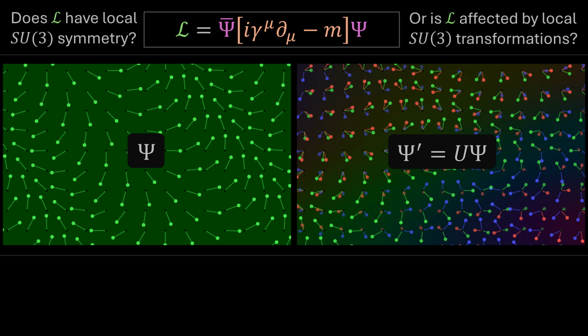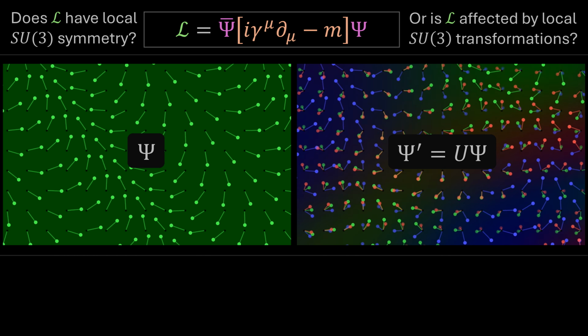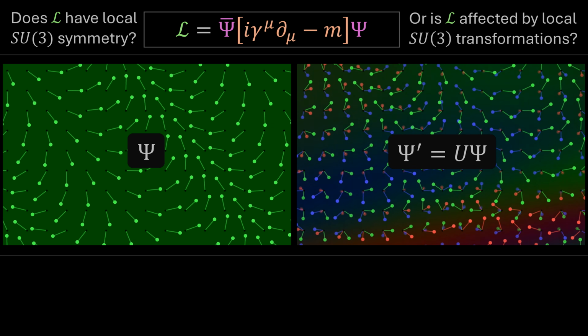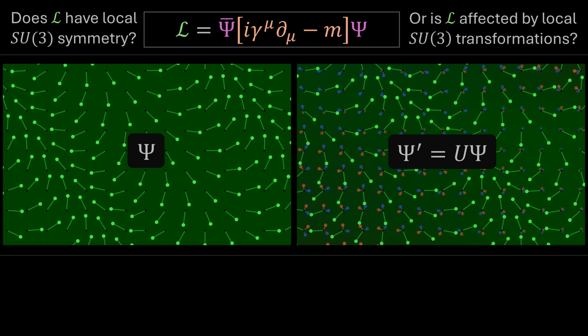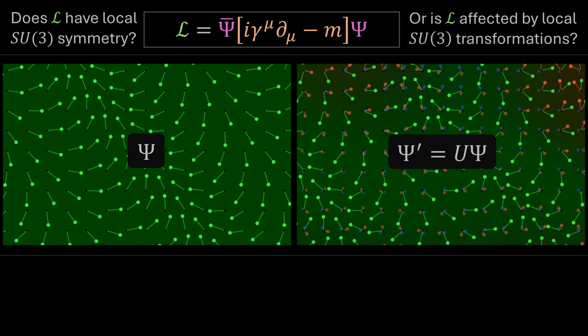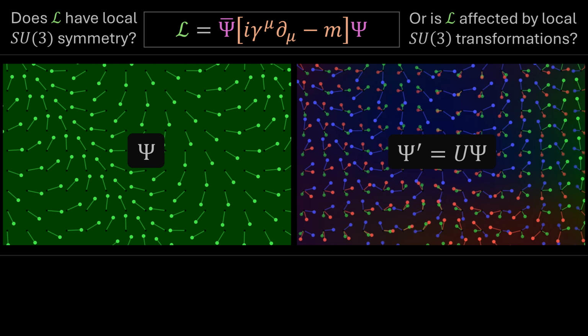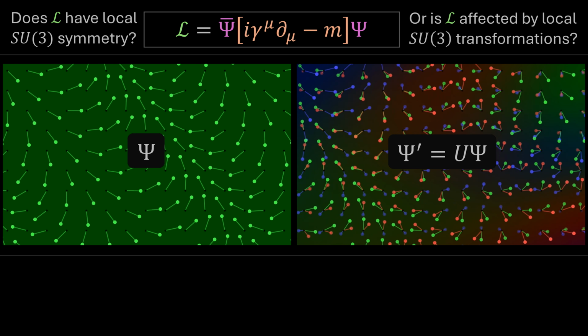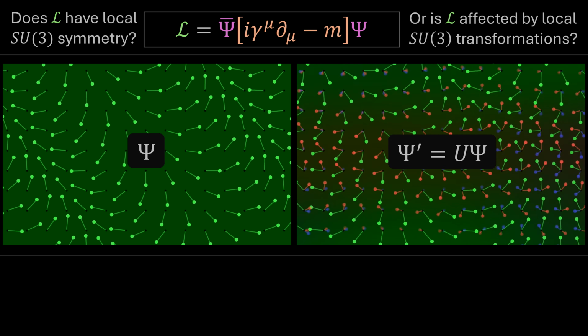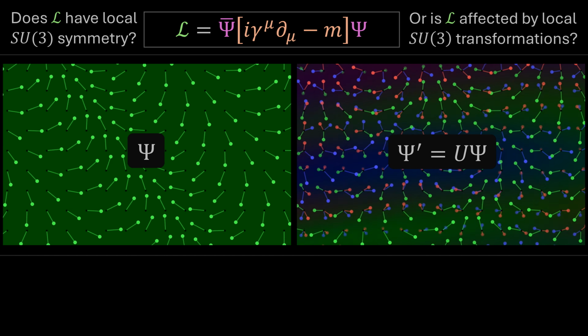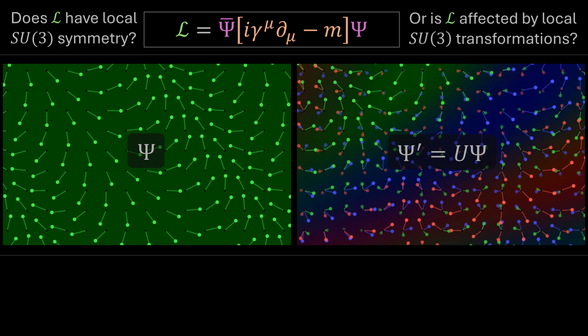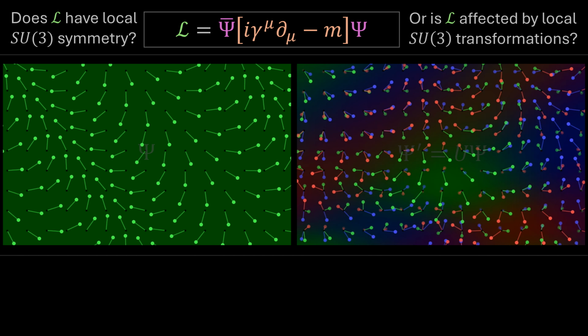But in order to know what to add to fix the problem, we have to understand the nature of the problem. And so we want to analyze the Lagrangian carefully and confirm whether or not it does naturally have local SU3 symmetry, and if not, in what way does it fail to have the symmetry? Because that'll give us a clue about what we have to do in order to give our Lagrangian local SU3 symmetry.